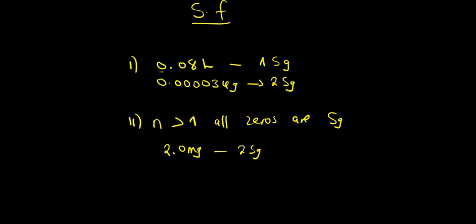And again, zeros between numbers are significant figures. Suppose I have 2.00, this has 3 significant figures. So again, zeros between numbers are significant figures.